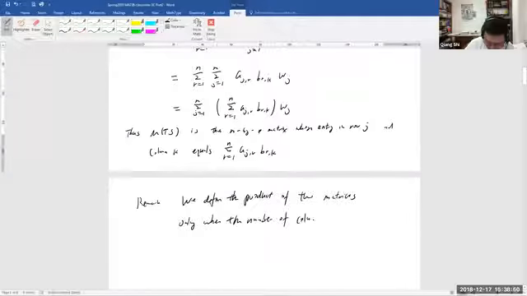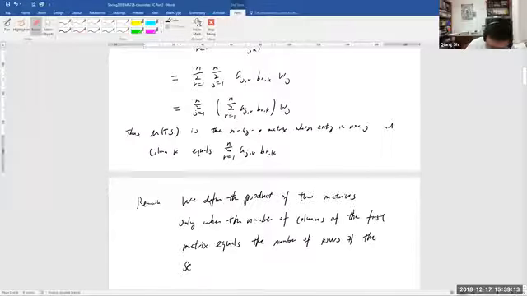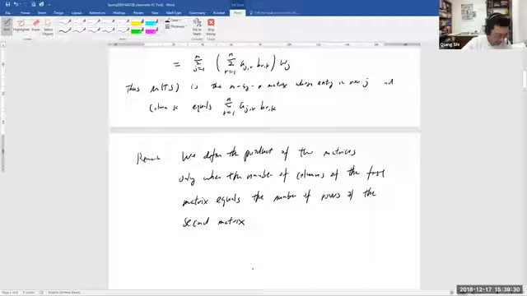Only when the number of columns of the first matrix equals the number of rows of the second matrix. And that can be seen by our assumption. One is M by N, the other one is N by P, right? So the number of columns N in the first matrix equals the number of rows in the N by P second matrix. So we definitely need a dimension match.